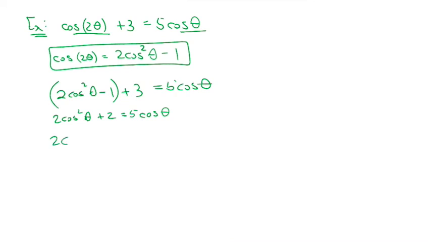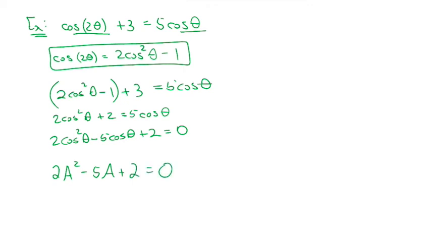So this becomes 2 cosine squared theta minus 5 cosine theta plus 2 is equal to 0. Let A equal cosine of theta. I'm just going to write this as 2A squared minus 5A plus 2 equals 0. So wherever you see cosine, you replace it with a capital A.